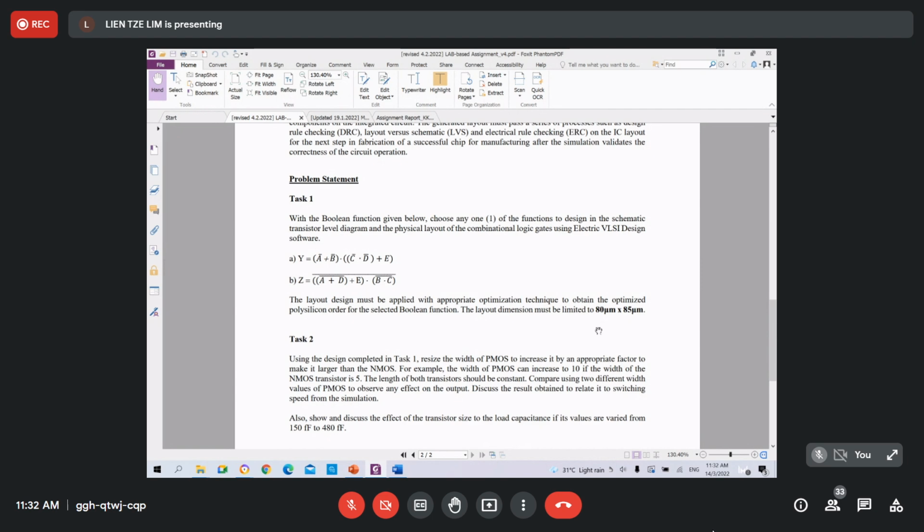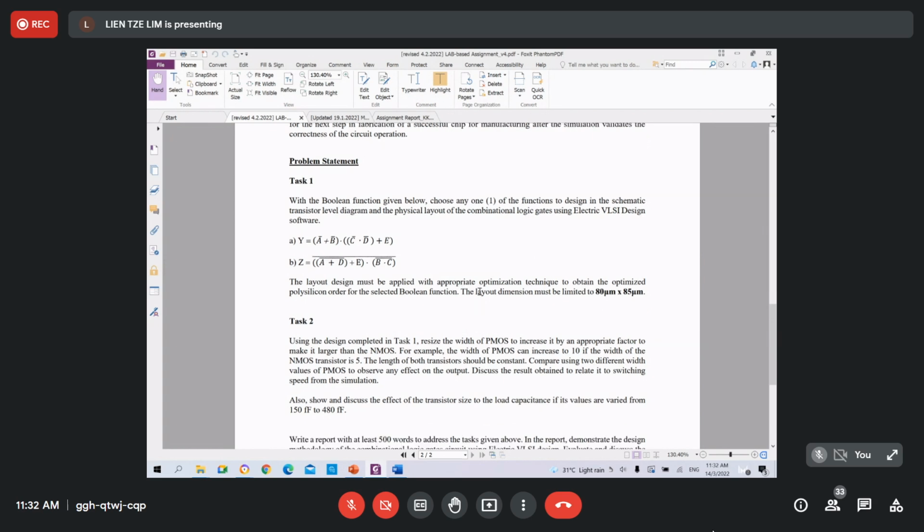Later I will show you a sample report of what you can include. Task 1 is not difficult. You will have to use the Electric software to design all the diagrams based on the Boolean functions that you choose, and then you need to simulate to get the output. The output waveform you can verify using the theoretical one.